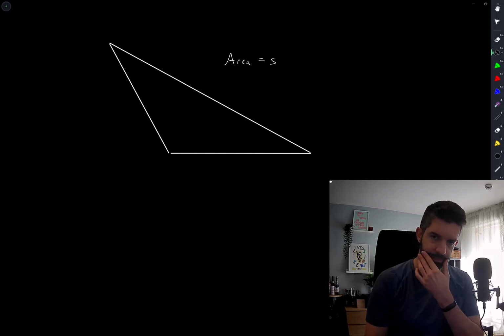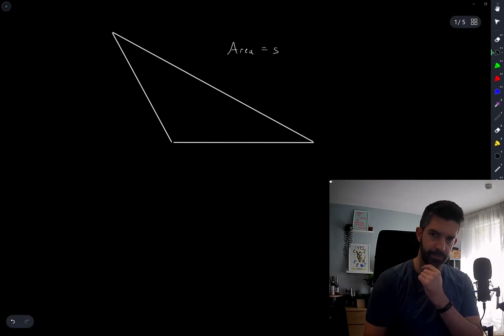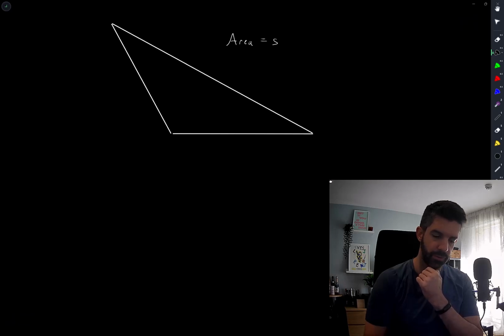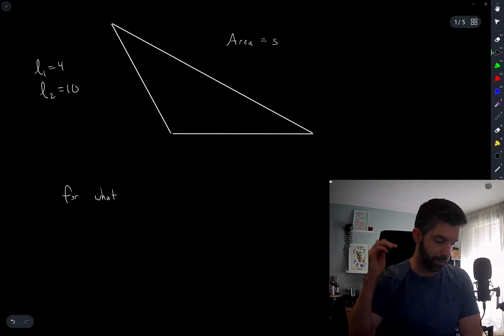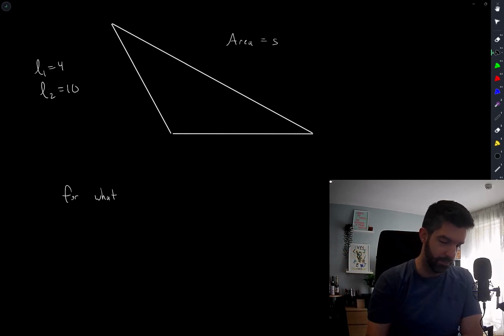Well, I should say L1 equals 4, L2 equals 10. So two of the side lengths are given as 4 and 10. We don't know which is which.